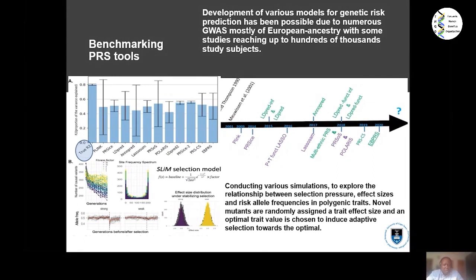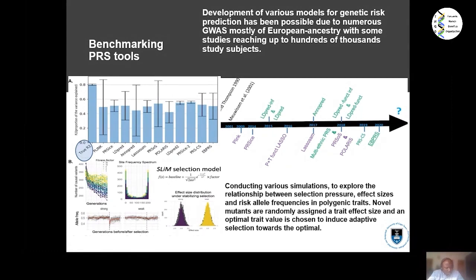So from here, we have been convinced that if we model the impact of selection on effect size when weighting the sum in a polygenic risk score, we can see over here that the predictive power of the polygenic risk score can increase, particularly in African populations.